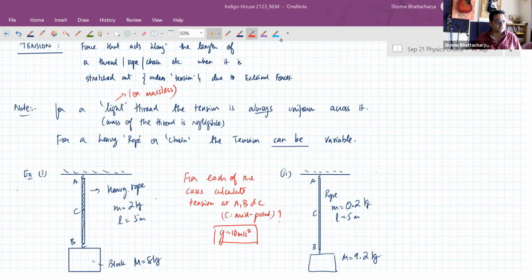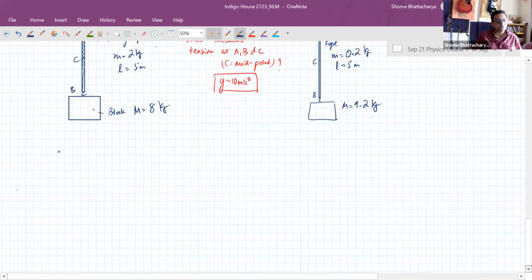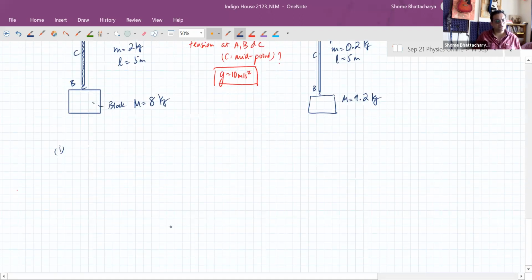Yes, Rishita, your answer is correct. So maybe some of you, this value is not clearly written here, so I'm just rewriting it. 8 kgs I've taken.